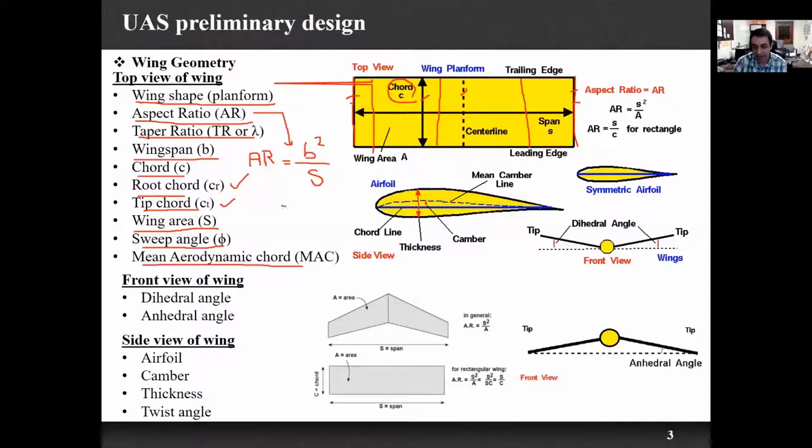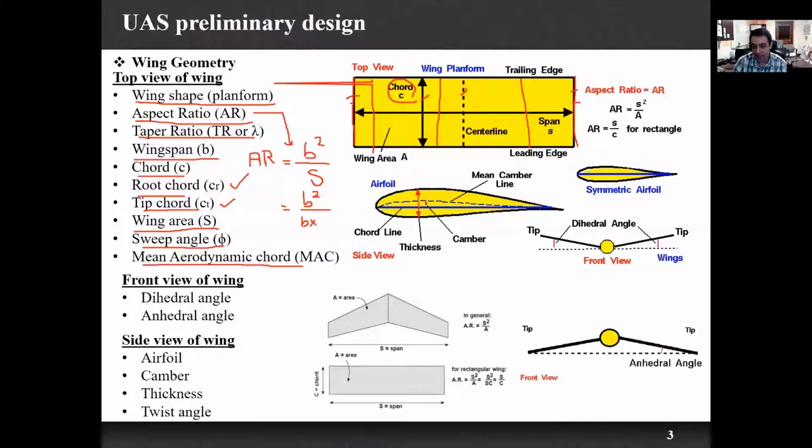But we know that here the surface area of our wing, S, is equal to b times c, right? This is b, this length, times this width. It gives us the surface area of the wing.